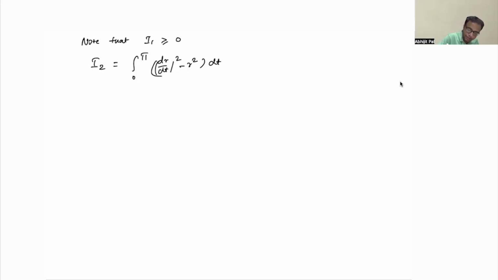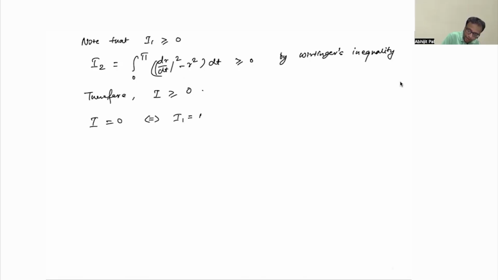This is greater than or equal to 0 by Wirtinger's inequality. Therefore, I is greater than or equal to 0, and I is equal to 0 if and only if both I1 and I2 are equal to 0.